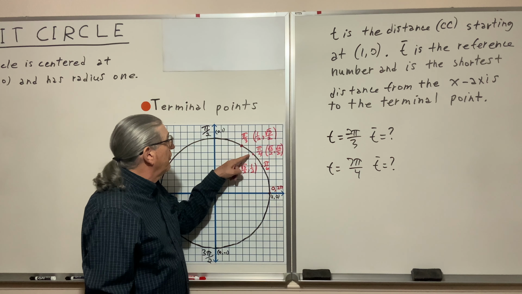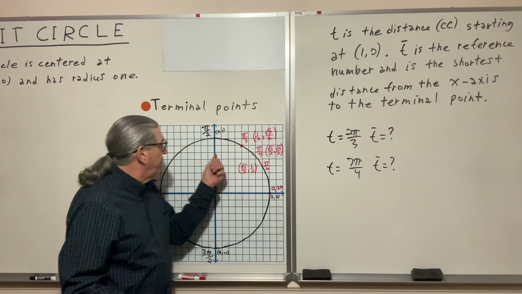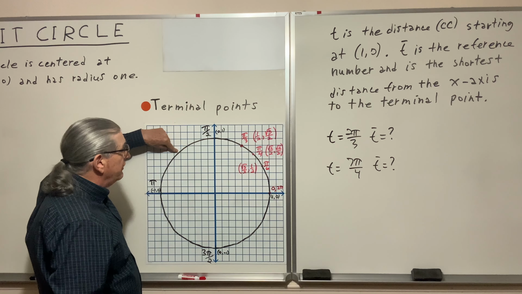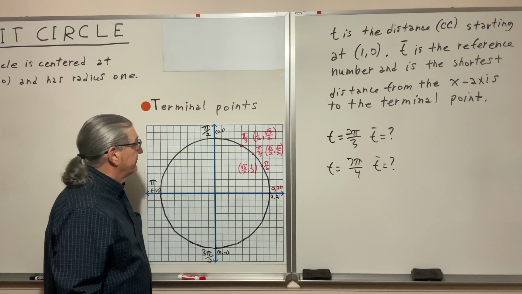At pi over 4, they're both the same. The x and y are the same: square root of 2 over 2 and square root of 2 over 2. And at pi over 3, it's 1/2 and square root of 3 over 2. Now we can use these 3 points in any of the 4 quadrants. We could go out here to 3 pi over 4 and so on. So we will get used to using these.